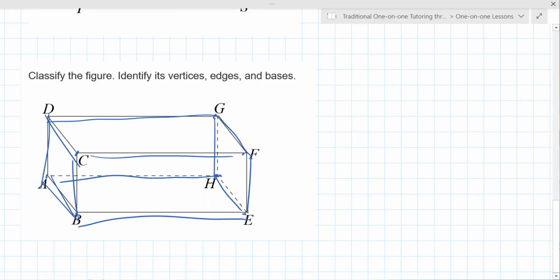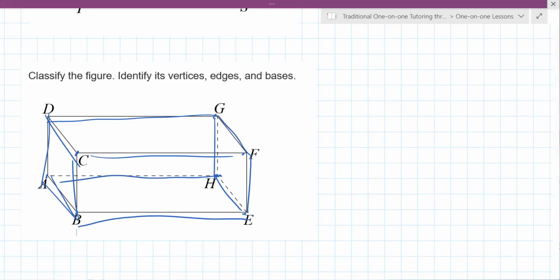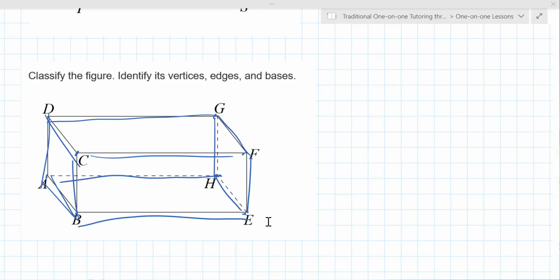And then the base is what it sits on, and that's probably the most distinguishing part. The base is this A, B, E, H. Is that okay? Right. Yeah. Okay. All right. So I think we got that down.